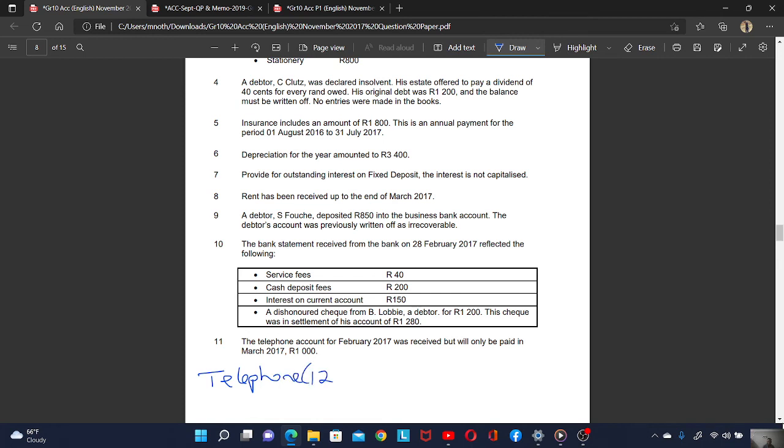So it's 12,560 plus, because you must always add the accrued expense, so plus 1,000. And then you get your amount. So the answer is 2,250. Then you're done.